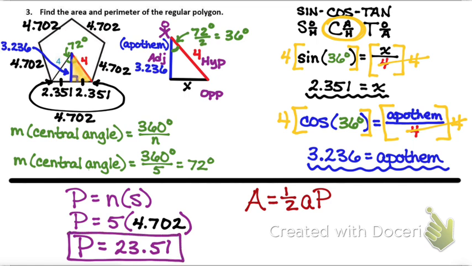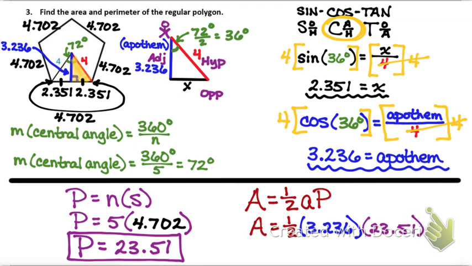And then to find our area, we need 1/2 times the length of the apothem times the perimeter. And we found our apothem using the cosine function. That was 3.236. And we just calculated our perimeter as 23.51. So now we grab our calculators.